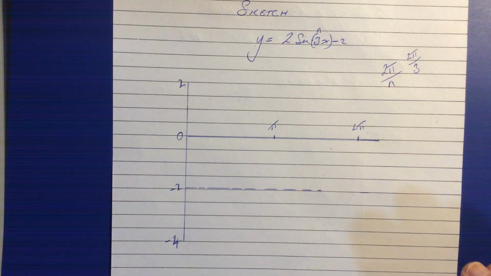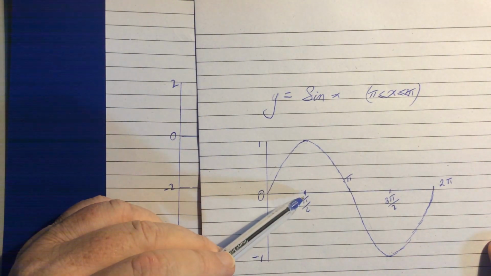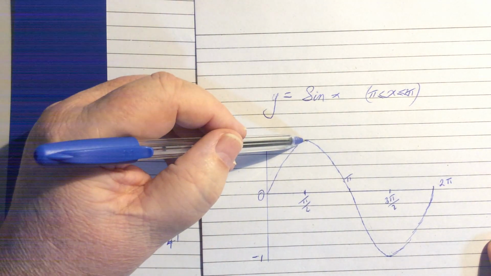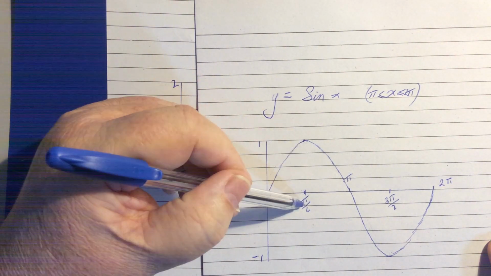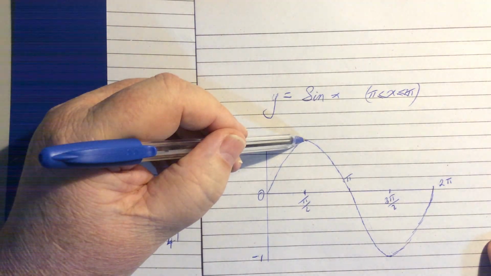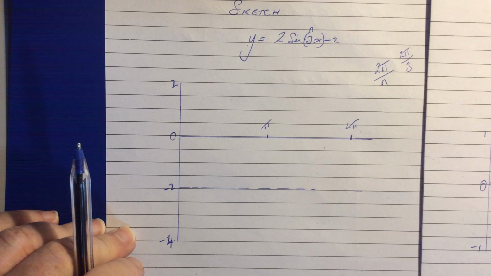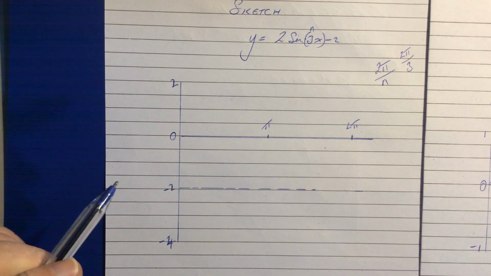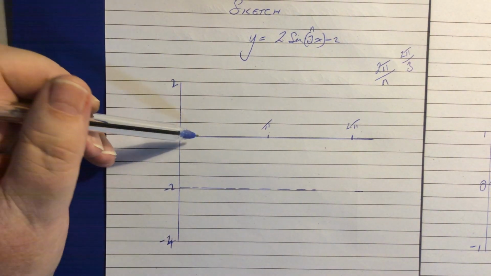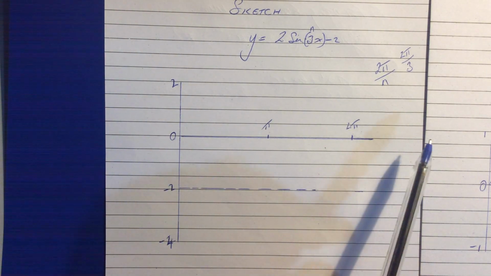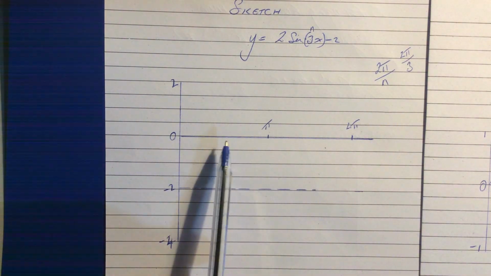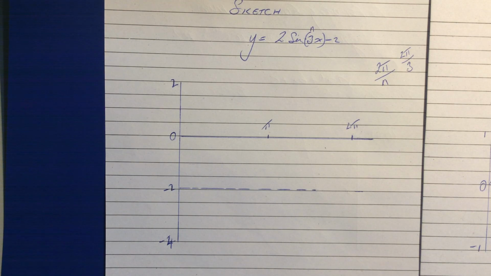Now, a normal sine graph, this one here for instance, reaches its maximum value at pi on 2. Now, the maximum value that this function is going to reach is at pi on 6, which is pi on 2 divided by 3.